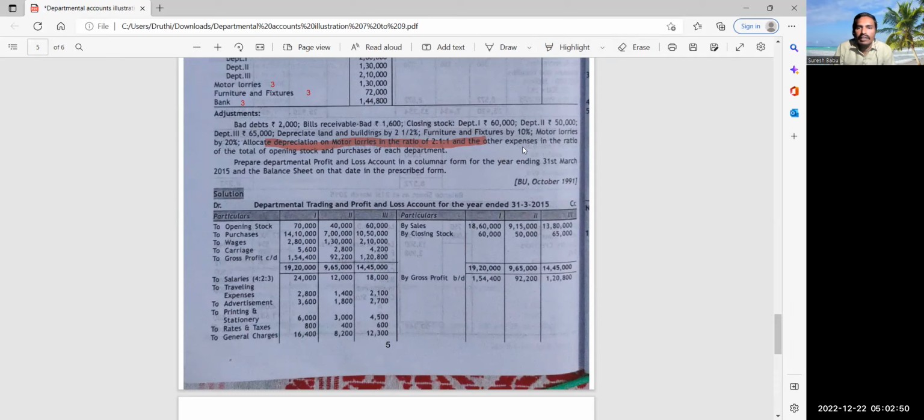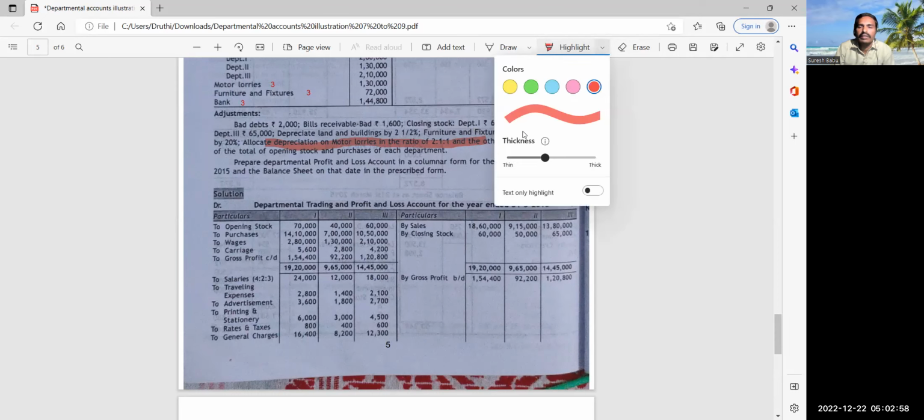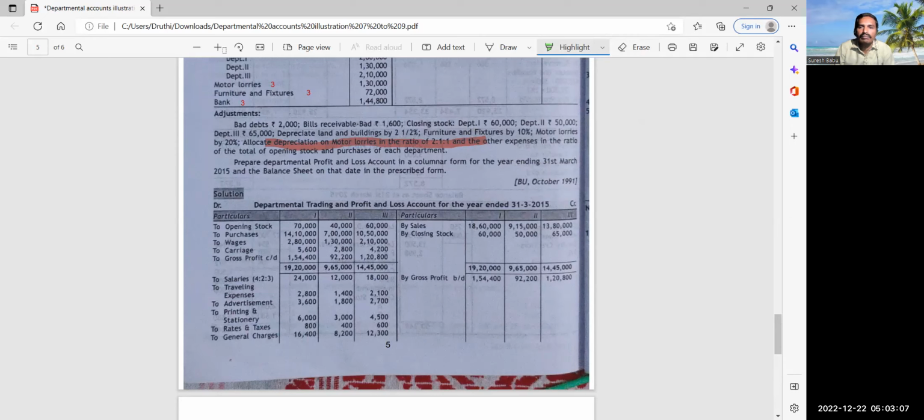Then the other expenses, see, once again, it is very, very important. So what I would do, I would take this, I would reduce the impact. Now, what happened? The other expenses in the ratio of, see, this is very important, the total opening stock and purchases of each department.